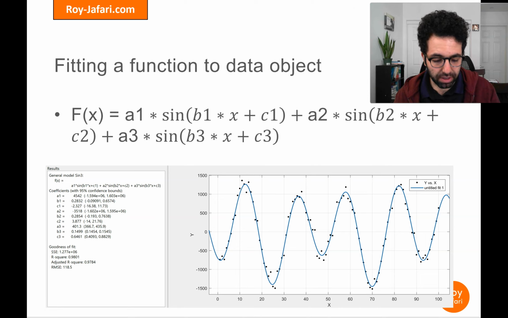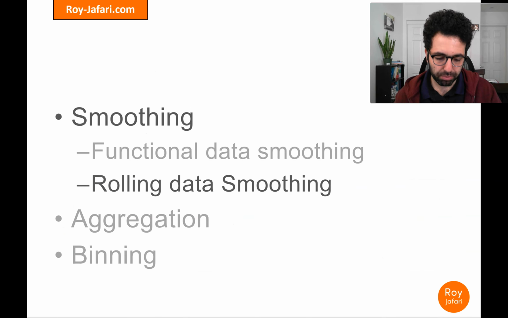Instead of using the actual data, now you can use the function. I'm not talking about the parameters of the function. We can actually use the output of the function, and now your data becomes smoother, right? That's why it's called smoothing, and it's called functional data analysis for smoothing, because we're using a function, right?